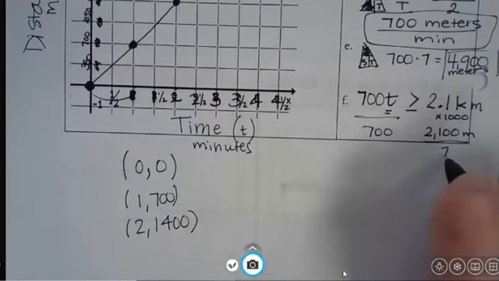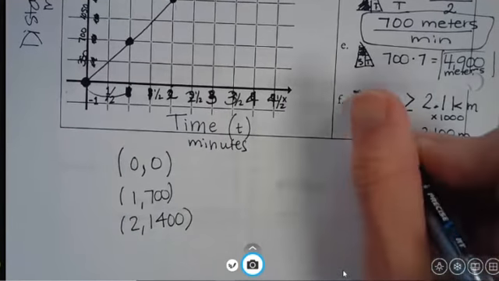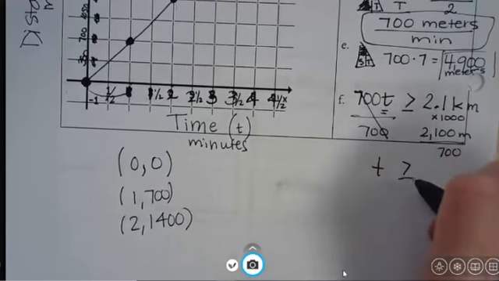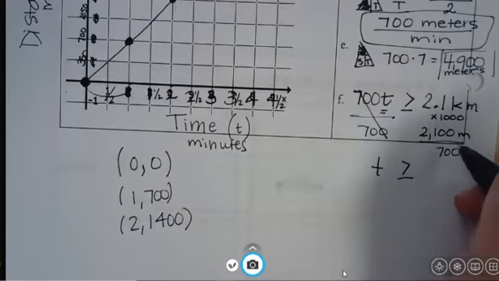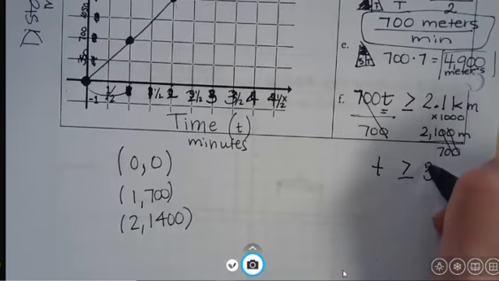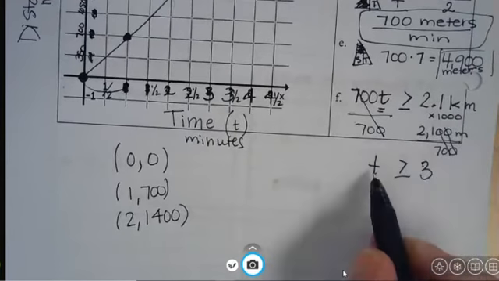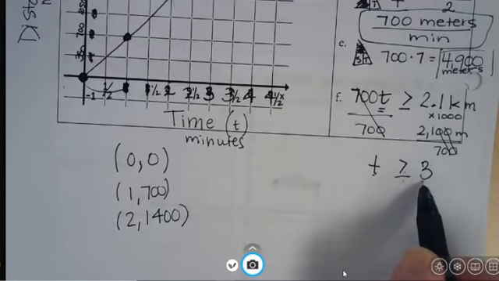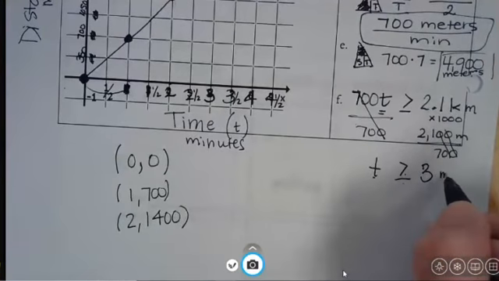So you're solving the inequality just like an equation. So 2,100 divided by 700, you can simplify it by dividing by 100, and then you end up with 21 divided by 7 is 3. So the time has to be greater than or equal to 3 minutes in order for them to get to 2 1/10 kilometers.